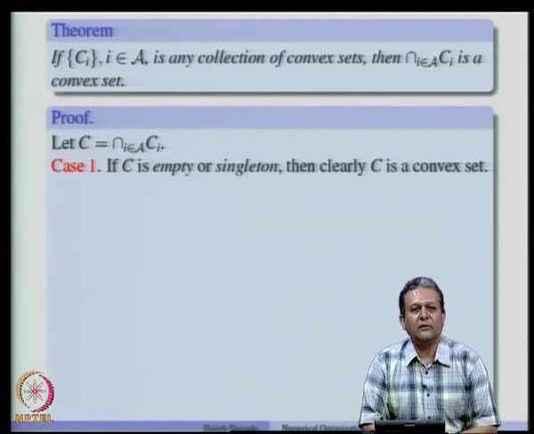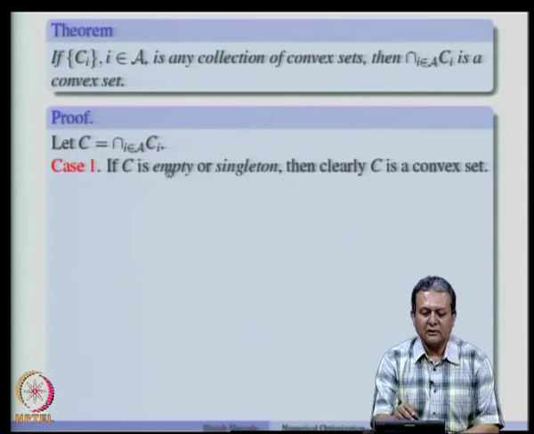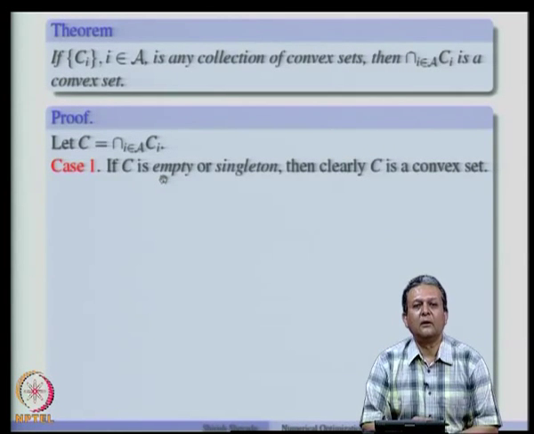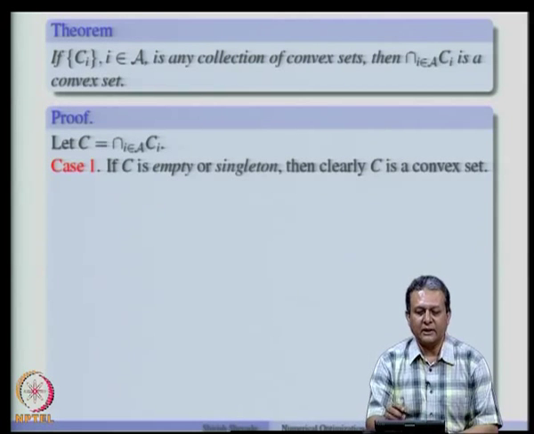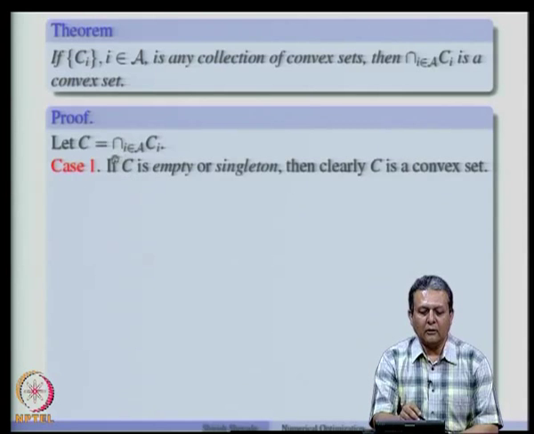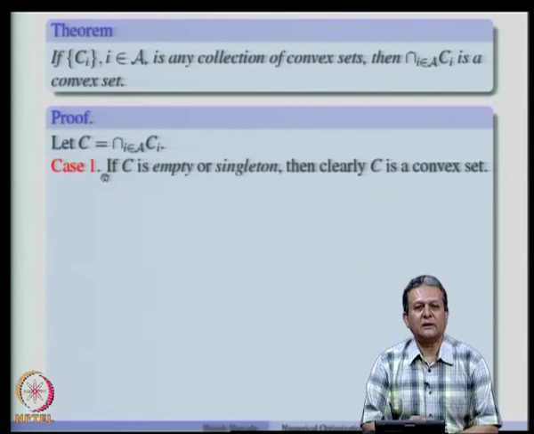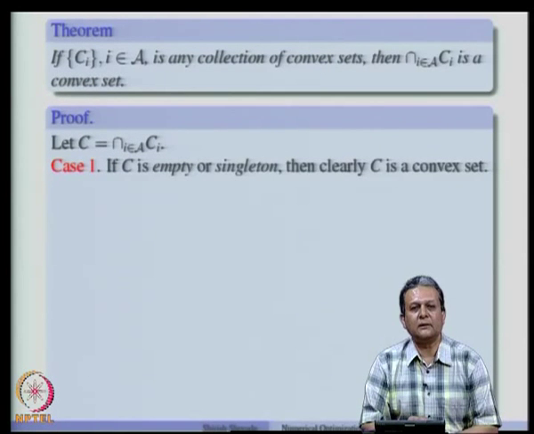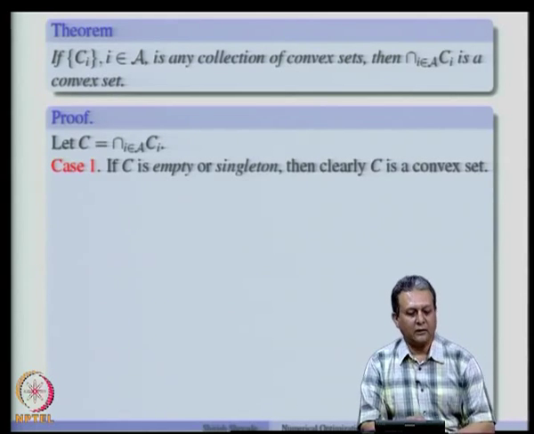Now, let us consider the first case where C is empty or singleton. We have seen that by convention, if C is empty, it is a convex set, or even if C is singleton, it is a convex set. So, we have to worry about only those cases where C is non-empty and non-singleton.